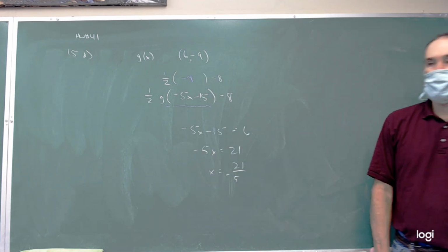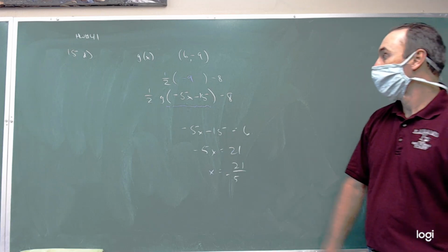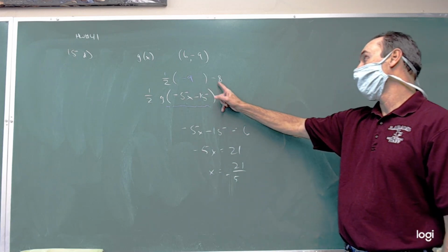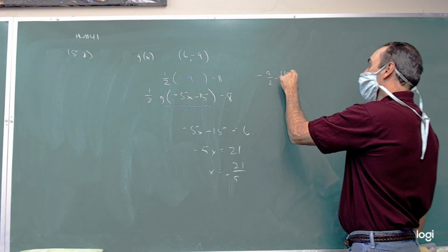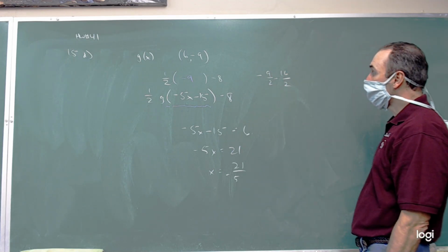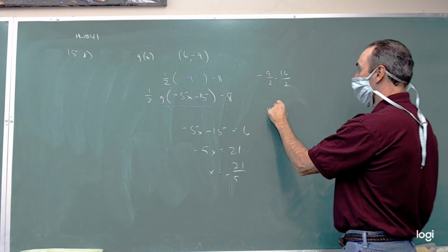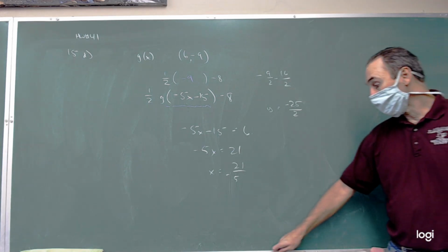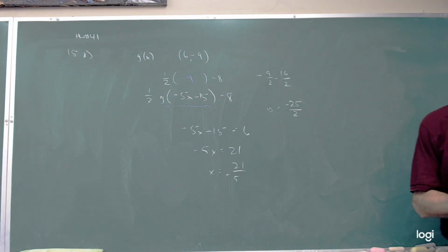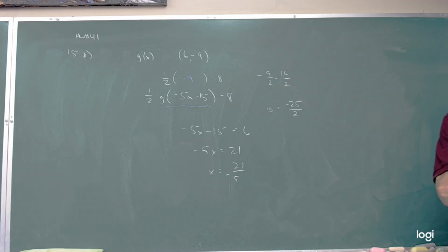That's a negative 9/2 minus 16/2, which is going to be a negative 25/2. That's something you're going to look at and guess. Okay, strategy.